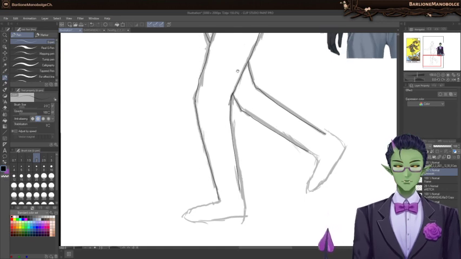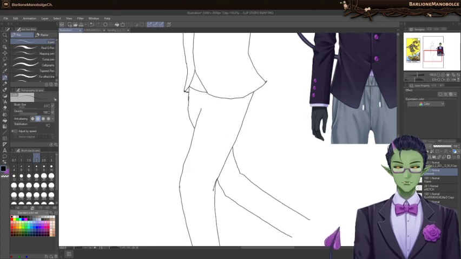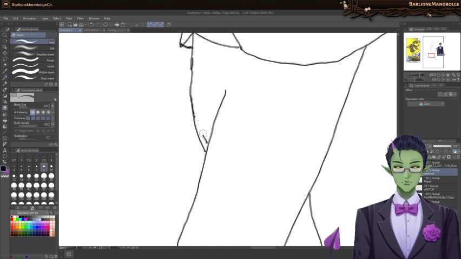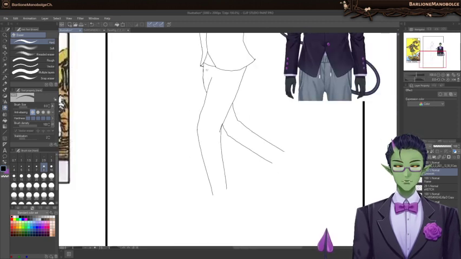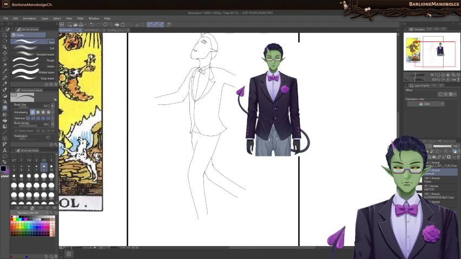Oh, I drew those lines surprisingly straight freehand. Okay, so now if I get rid of the sketch, that is a bit better. Okay, something is wrong. What is wrong?